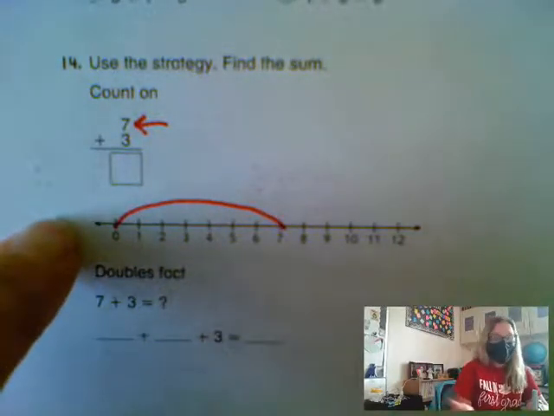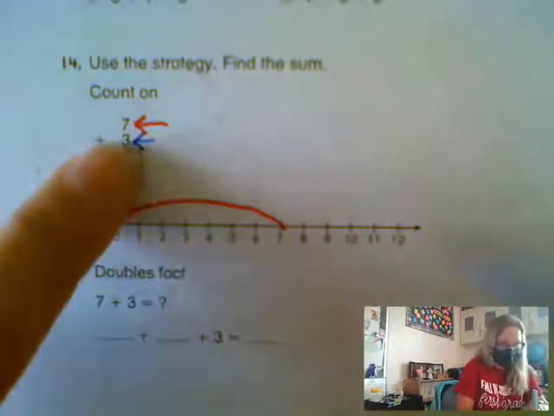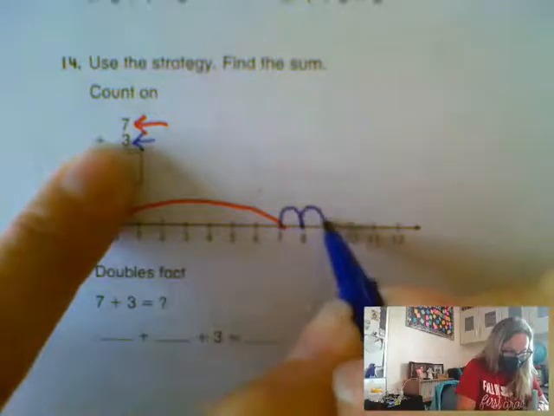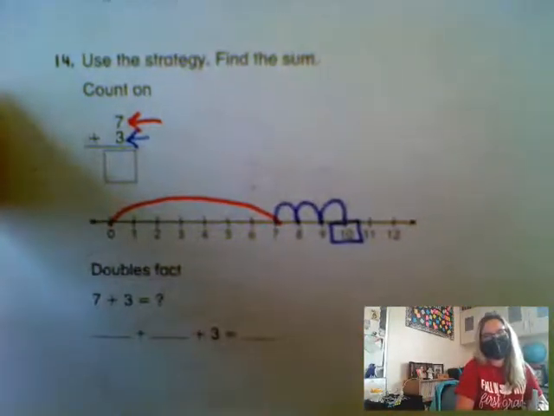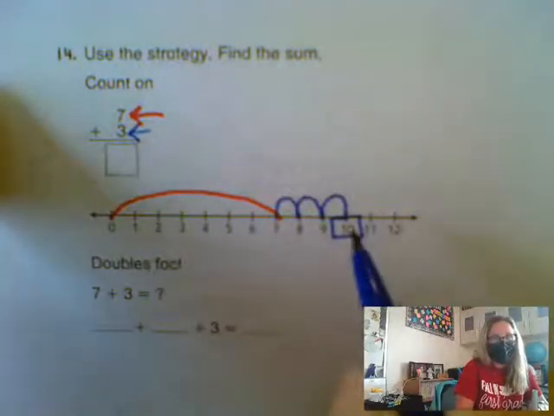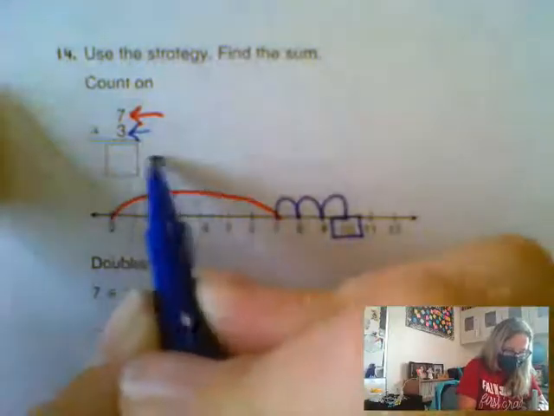Our second number is going to be our little hops. So, we're going to take 3 little hops. Ribbit 1, ribbit 2, ribbit 3. That leaves us here. So you're going to take that number, that's your sum. You're going to plug that number in here.